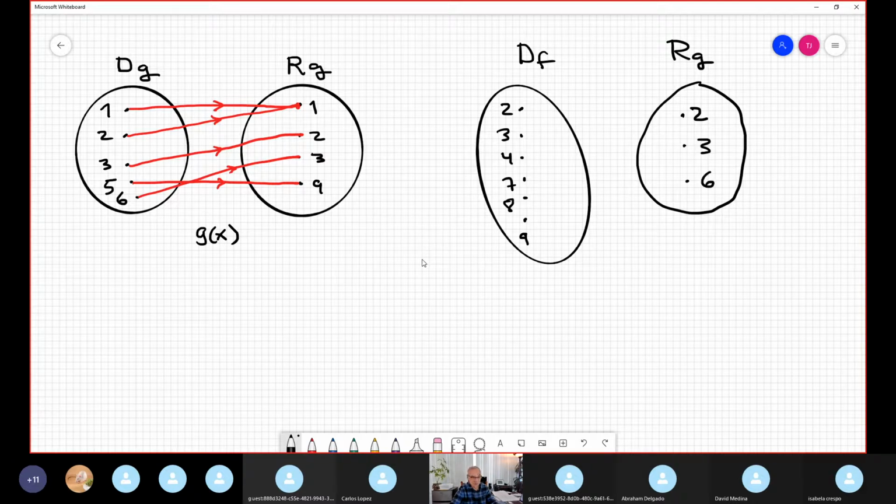Okay, arbitrary, it depends on the problem. The association is 2 and 2. Let me use another color. Blue is okay. 2 and 2. 3 and 2 again. 4 and 6. 7 and 6. 8 and 3 and 9 and 2.